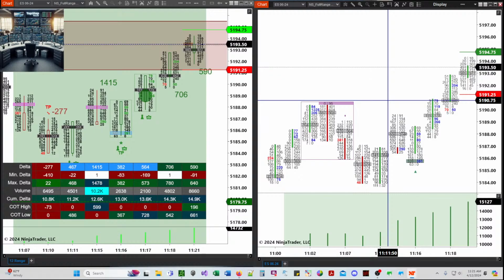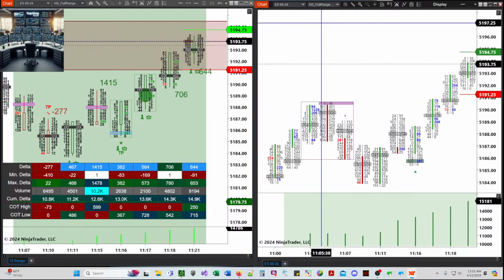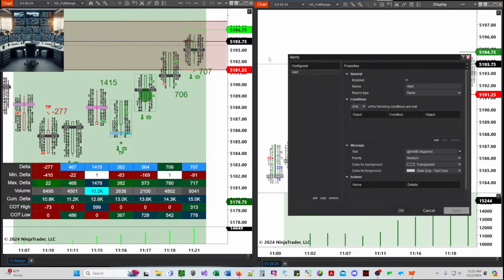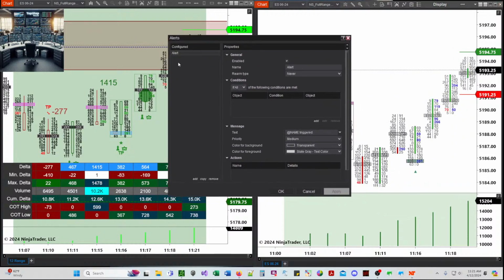One thing me and Magic did notice about that lag effect that we were getting over the past couple of days is, you know, we had a lot of alerts set up under alerts. When you click on your chart and you click on alerts, the more complicated those alerts get, the slower your charts run.